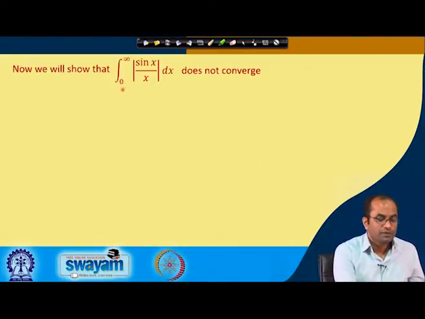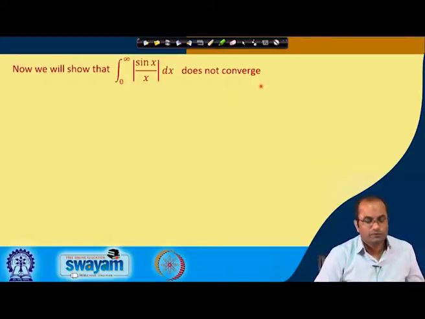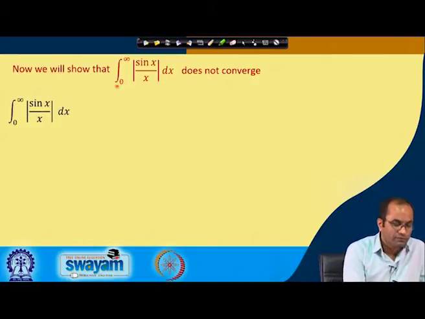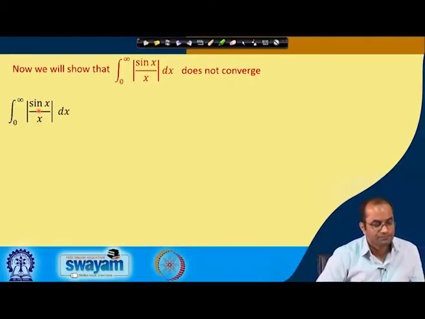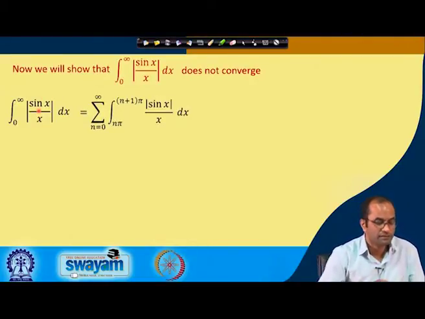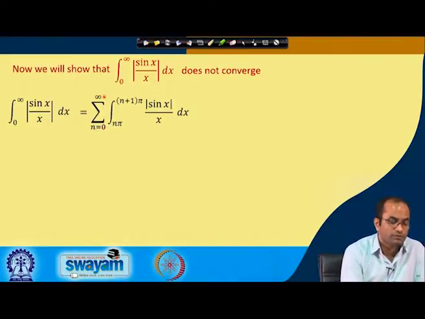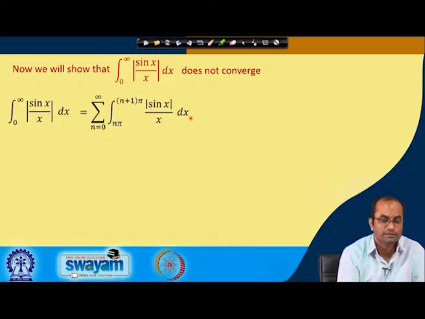Here we will show now that this integral does not converge, and this is a bit involved. We take the absolute value of sin x over x dx, and we write this as a sum over n going from 0 to infinity of the integral from n pi to n plus 1 pi of absolute value sin x over x dx.